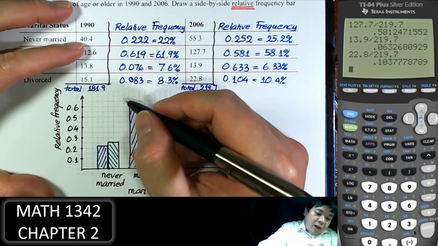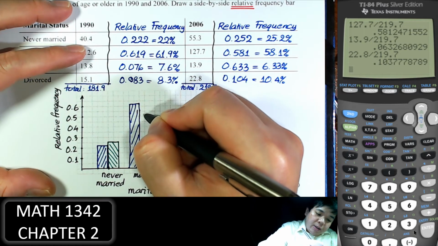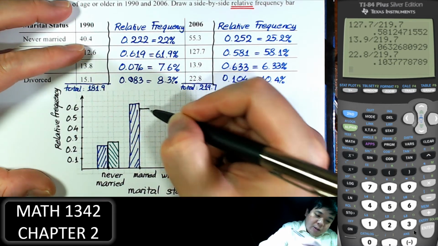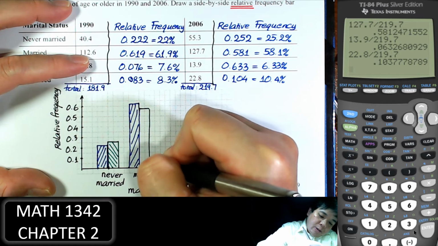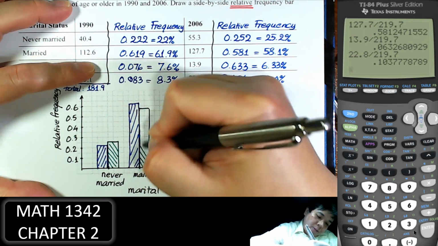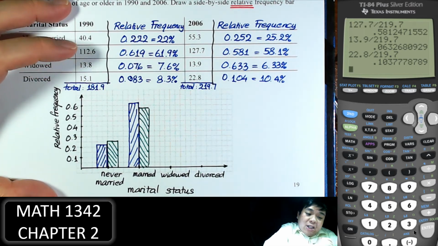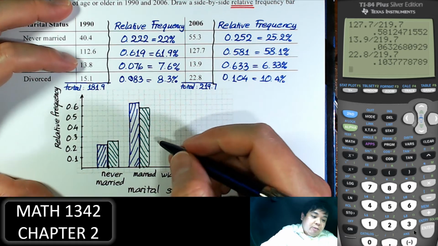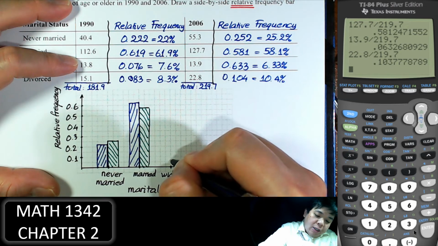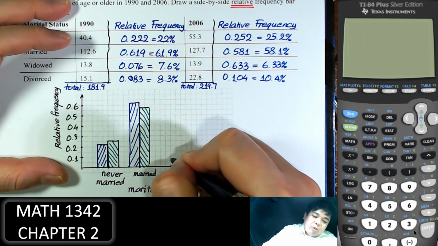And then 58.1, and then 7.6 in 1990. So that's between 0.05 and 0.075, so 7.6, about that.